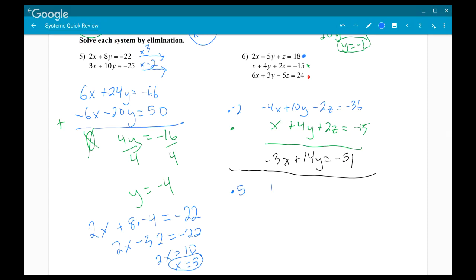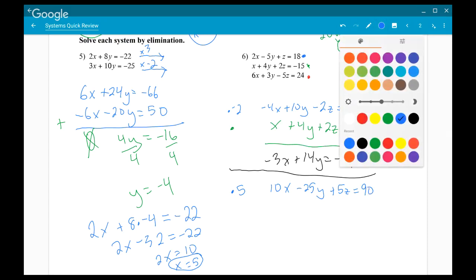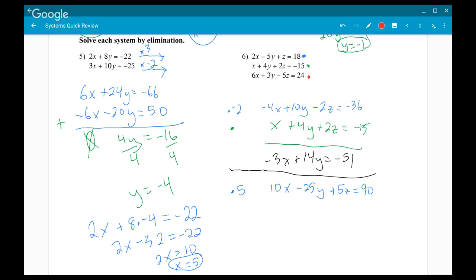So I'm going to get 10x minus 25y plus 5z equals 90. And my red equation, I'm going to leave alone because it's already got a -5z. So the key is I've got to eliminate that exact same variable again, but I've got to use a different set of equations.